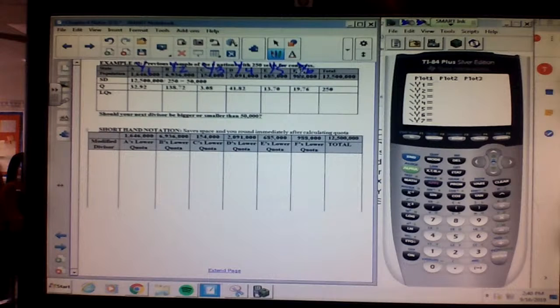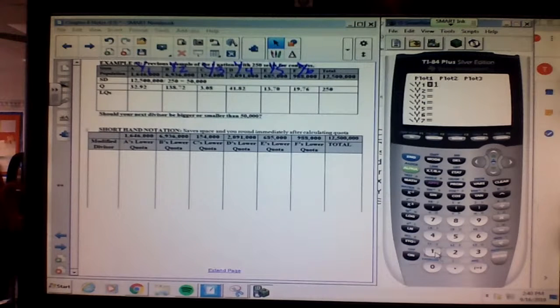I need you under each one of these to enter in the population divided by x. So 1,646,000 divided by x. That's state A.